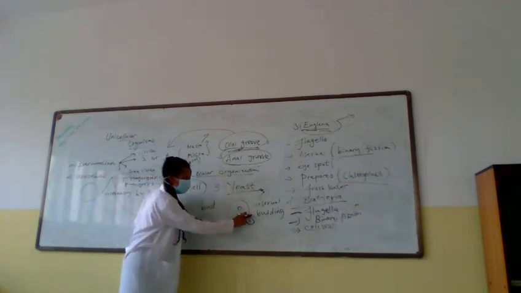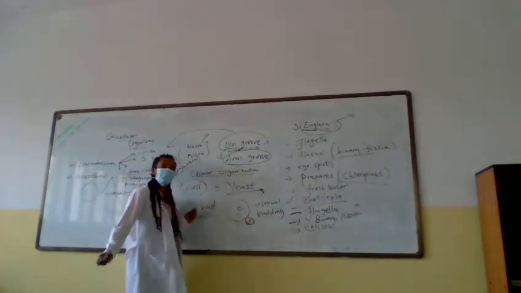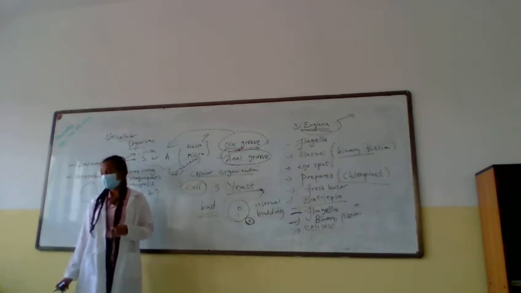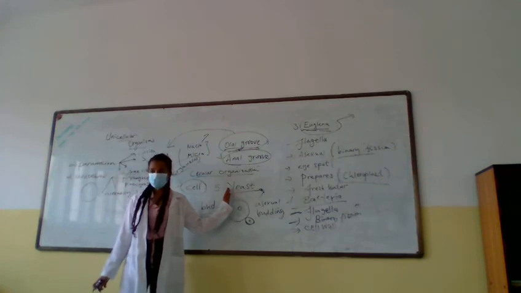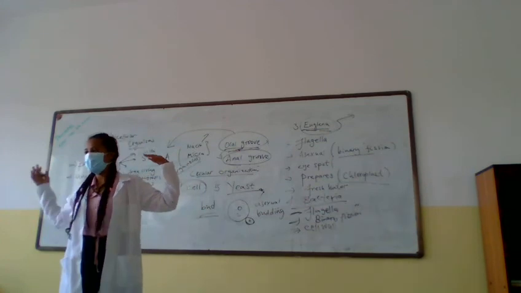So this one becomes a bud itself, and it becomes a parent cell. Okay? So this is the process of budding, and it is only carried out in yeast cells. So it's different from the other kind of reproduction, sexual reproduction.